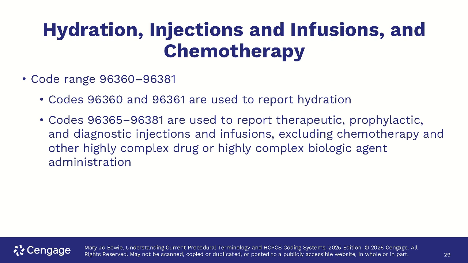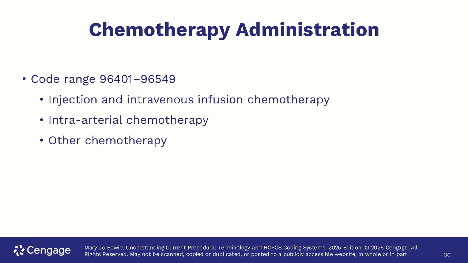Here with these, they're not getting chemo right here. Okay, in this range, 96365 through 96381, but they could be getting IV antibiotics. They could be getting magnesium, just to name a few things. There are extensive notes over here about things like initial service and piggybacks and other things like that. Pay close attention to those notes.